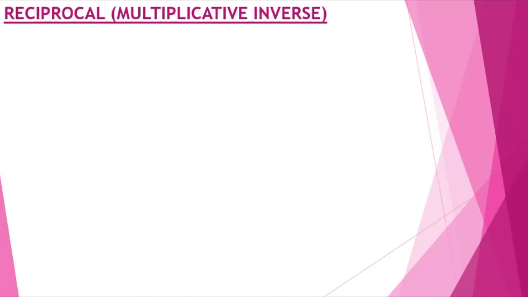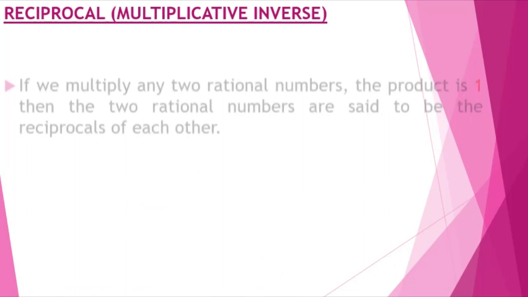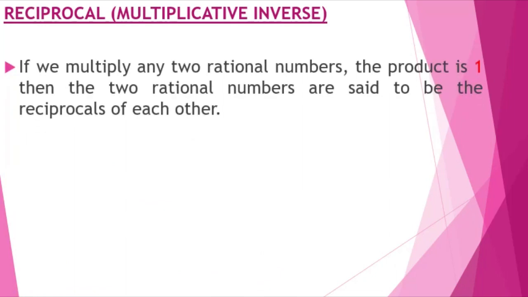Next is reciprocal. Another word is multiplicative inverse. What is the meaning of reciprocal? If we multiply any two rational numbers and the product is 1, then the two rational numbers are said to be the reciprocals of each other.